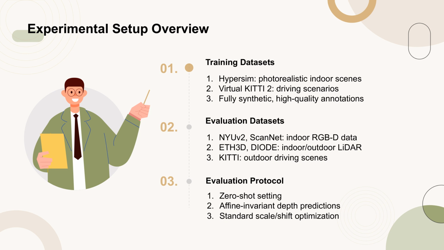For evaluation, the models are tested on commonly used benchmarks for monocular depth estimation, including NYUv2 and ScanNet for indoor environments, ETH3D and DIODE for both indoor and outdoor scenes, and KITTI for outdoor driving scenes. The evaluation is conducted in a zero-shot setting, using affine invariant depth predictions with the standard approach of scale and shift optimization between the predicted depth and the ground truth.